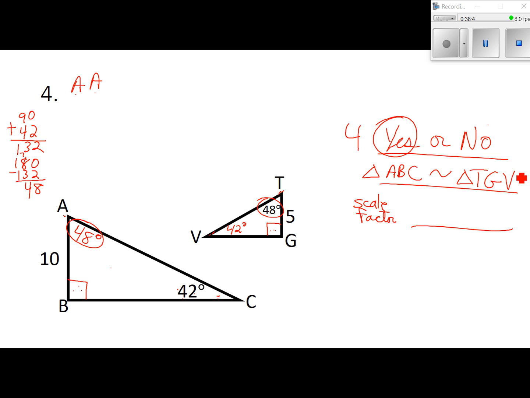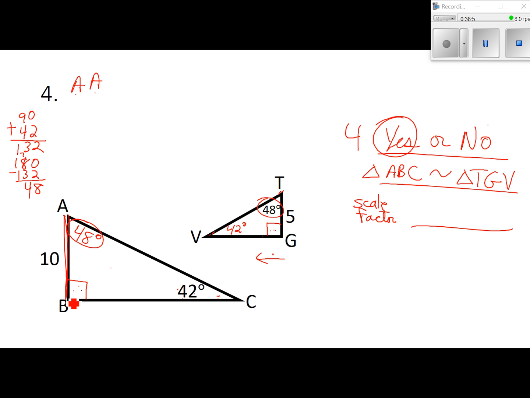Next one, they want the scale factor. All I'm going to do to get the scale factor is match up 2 of the sides. Notice that this triangle over here would have to be turned around to match up to that one.